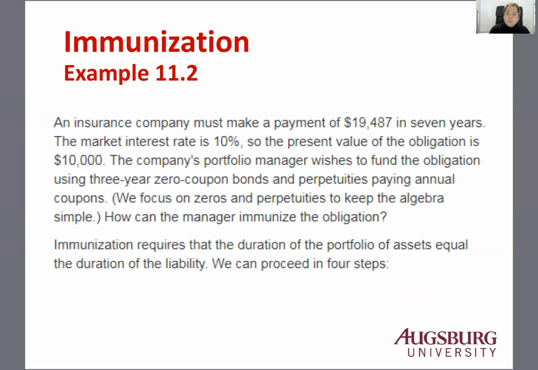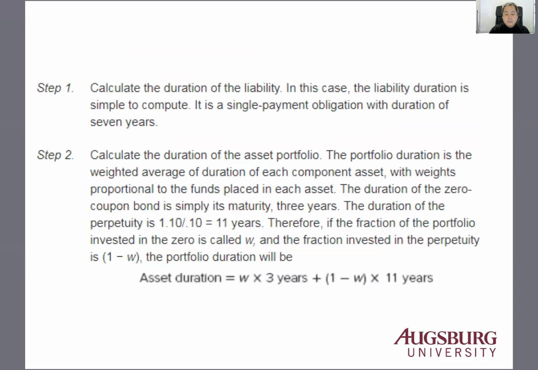Because this payment is basically a zero coupon bond that pays 19,487 and sells for 10,000 today with a yield of 10%. So let's look at that. First calculate the duration of the liability. Easy, the zero coupon bond liability is equal to what? Equal to the maturity, which is 7 years.